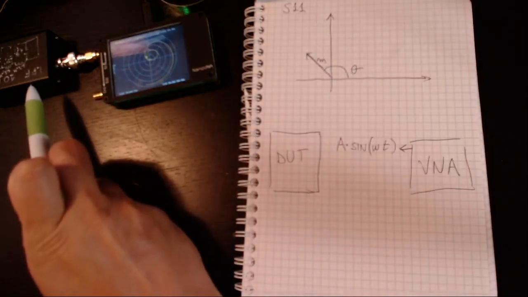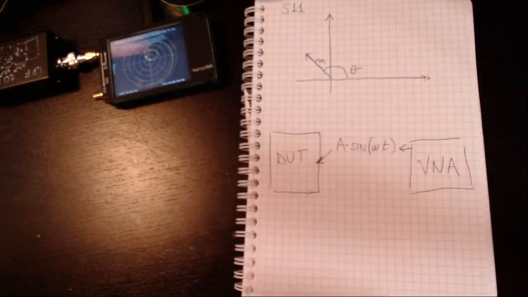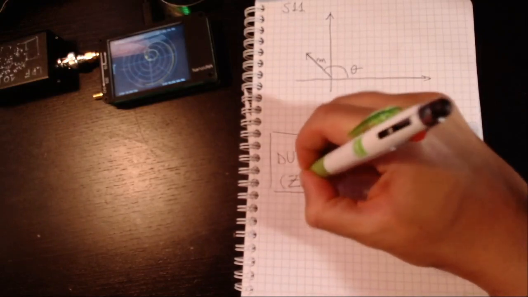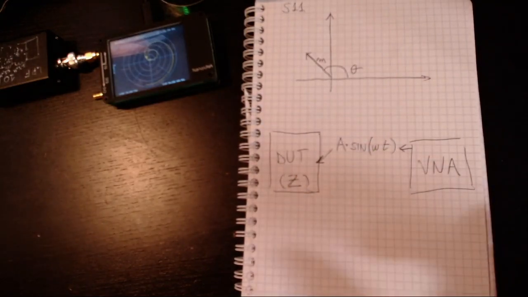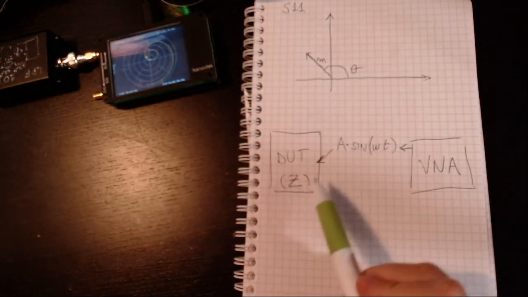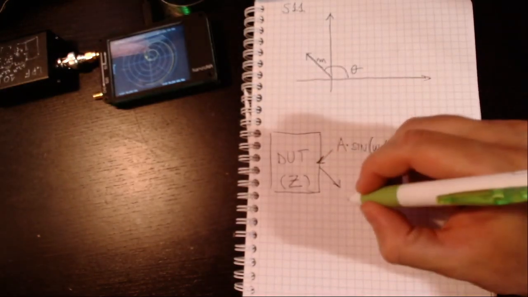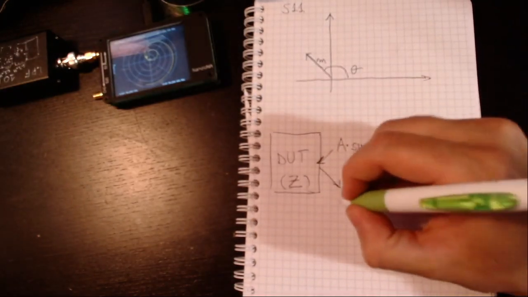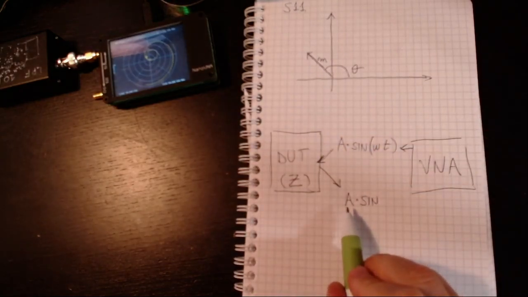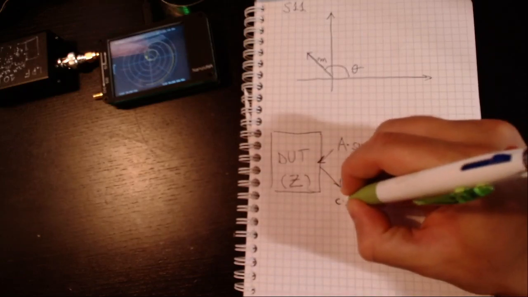which in this case was this low pass filter. So it's entering here, and depending on the input impedance of this device under test, the Z here, there will be some reflections, okay? There can be 0 reflection or 100% reflection, but in general the reflection looks like the original signal. So it's something like this, but the amplitude is attenuated, so there is basically a coefficient we are applying to this amplitude.